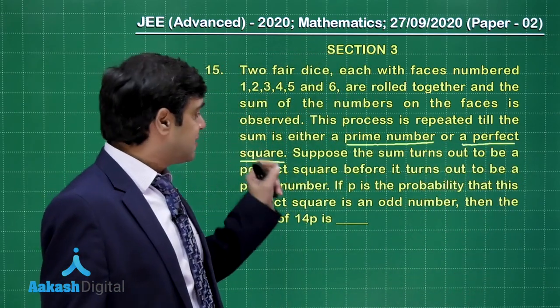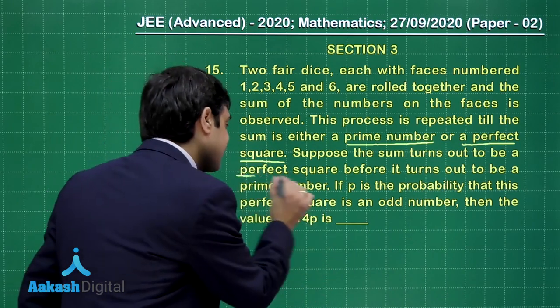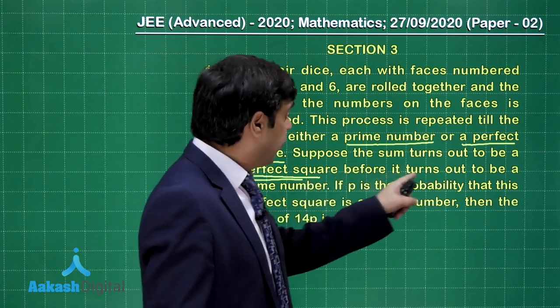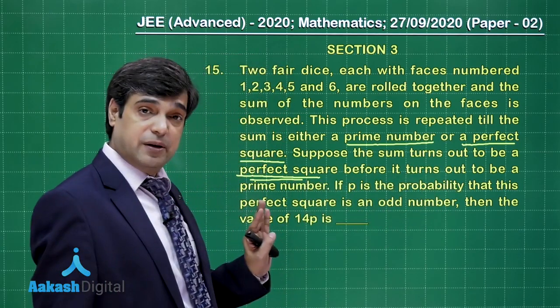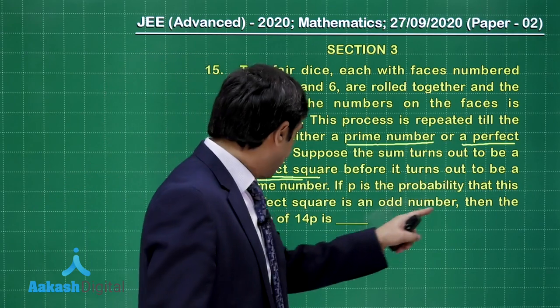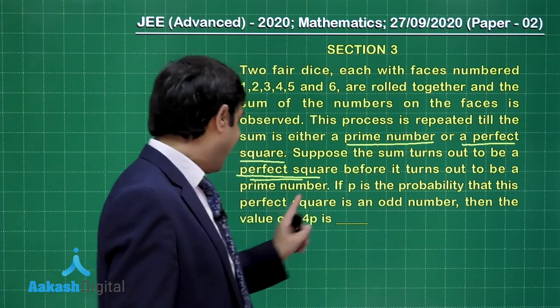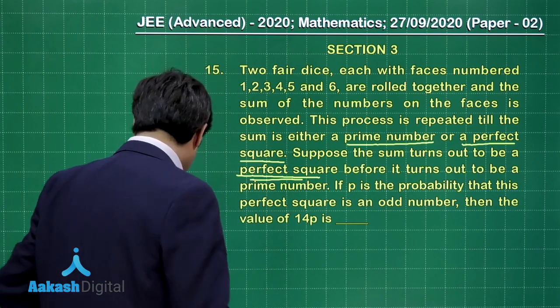Suppose the sum turns out to be a perfect square. It is given, it's coming out as a perfect square before it turns out to be a prime number. If P is the probability that this perfect square is an odd number, then the value of 14P is.